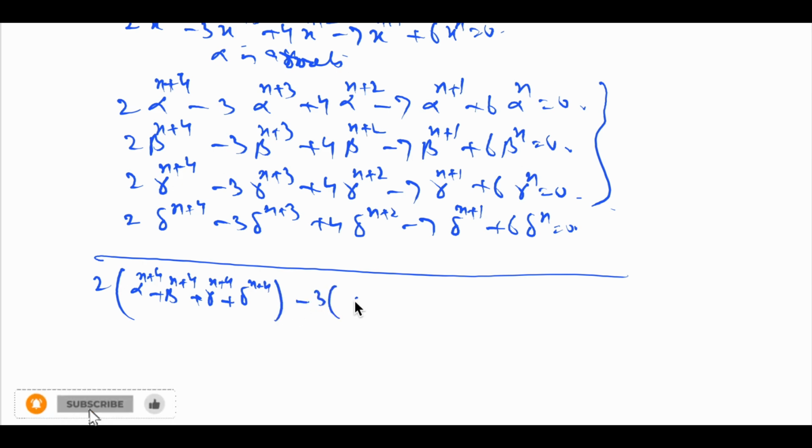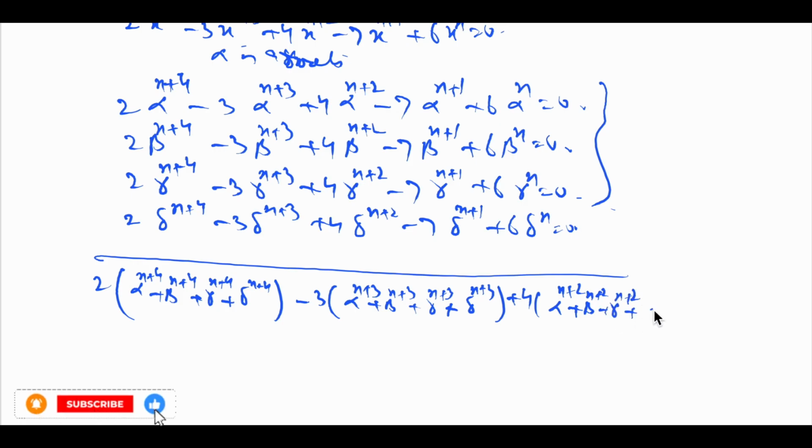Minus 3 is common, so alpha power n plus 3 plus beta power n plus 3 plus gamma power n plus 3 plus delta power n plus 3. Then 4 is common: alpha power n plus 2 plus beta power n plus 2 plus gamma power n plus 2 plus delta power n plus 2.